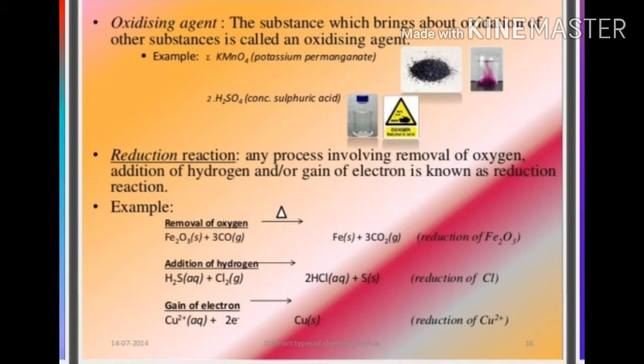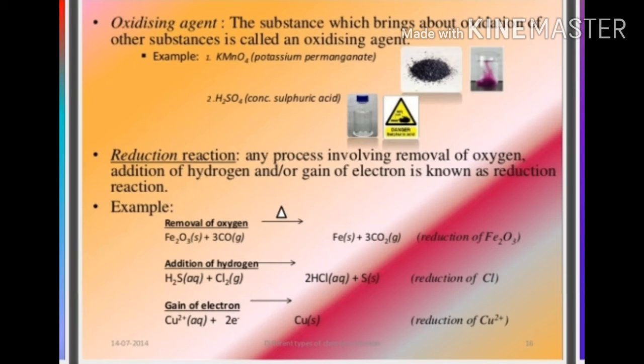The next type of reaction is reduction reaction. Reduction is the opposite of oxidation reaction. Means any process which involves removal of oxygen, addition of hydrogen or gain of electron is known as reduction reaction. This is the opposite of oxidation reaction.